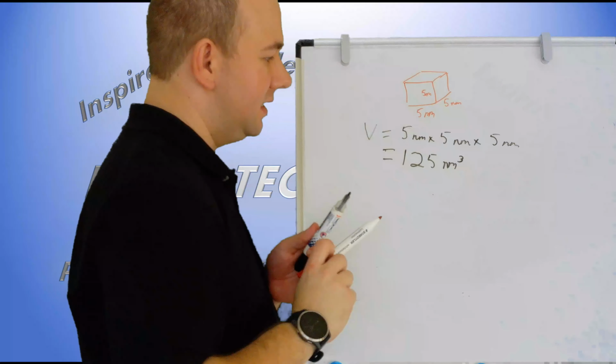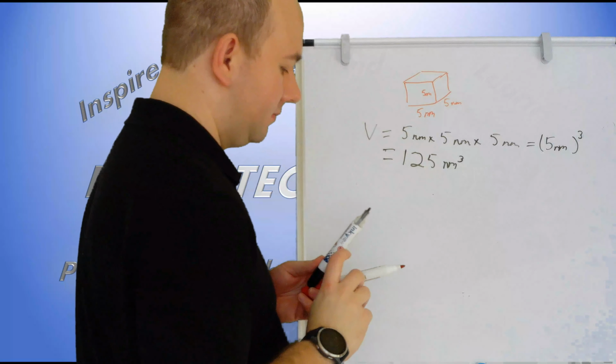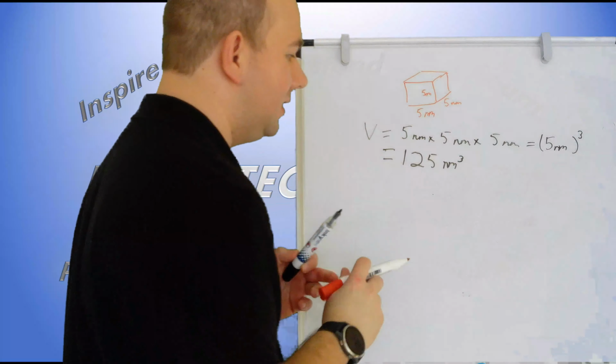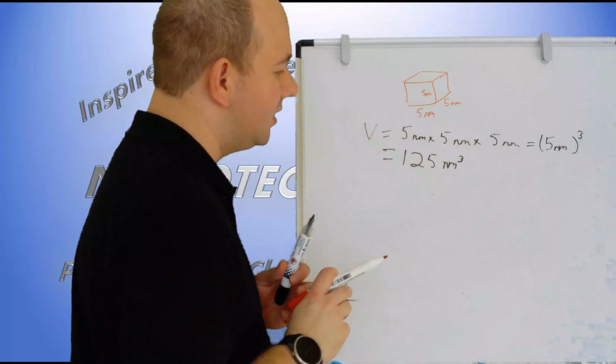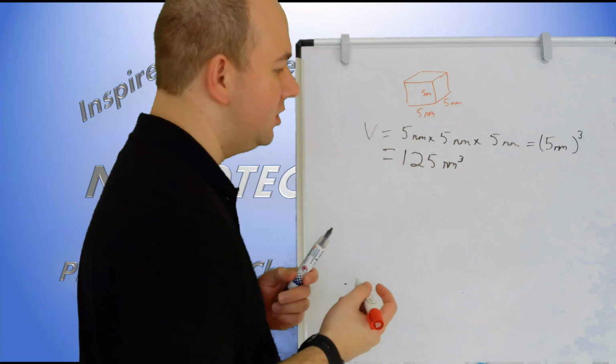So let's now consider this being written in a slightly different form. We could also have said that this is equal to 5 nanometers and the whole thing is cubed. And I will still give you this value. Now let's consider what happens if we had written this in scientific notation and we were looking at the volume in terms of meters. So we'd have to start this over here slightly.